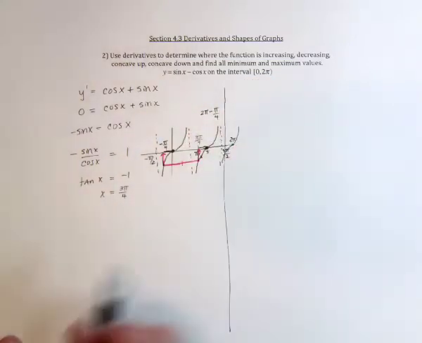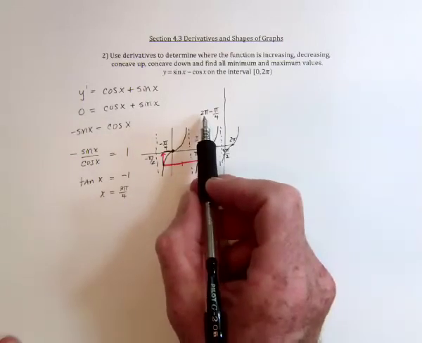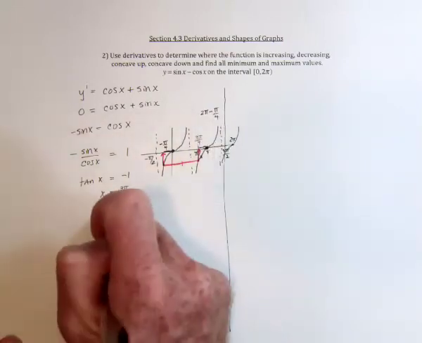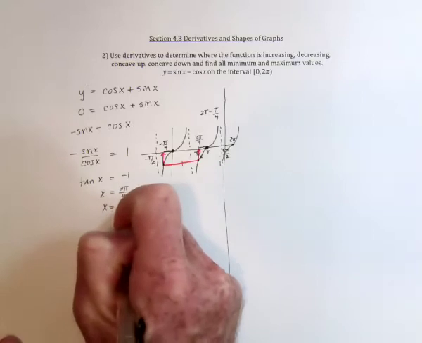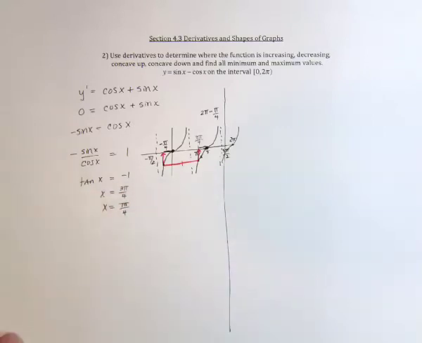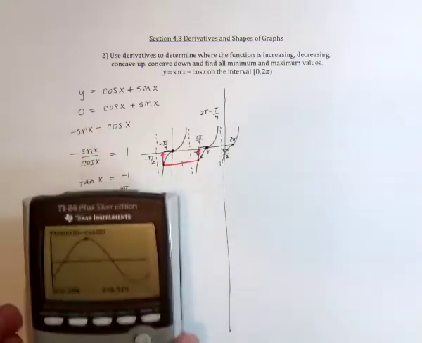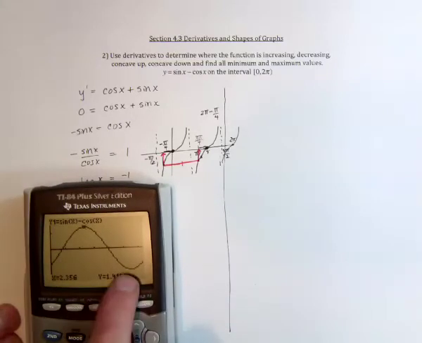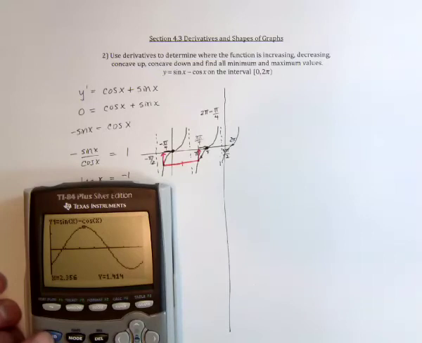So that's going to be 8 pi over 4 minus 1 is 7 pi over 4. And just to double check, is that the 7 pi over 4? So we've got 7 pi over 4, sure enough, is the minimum.